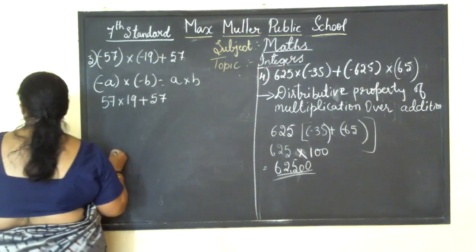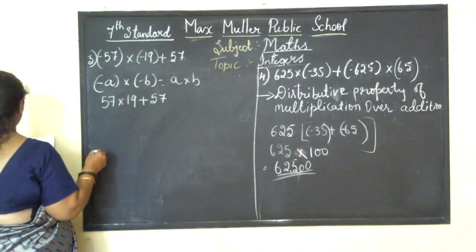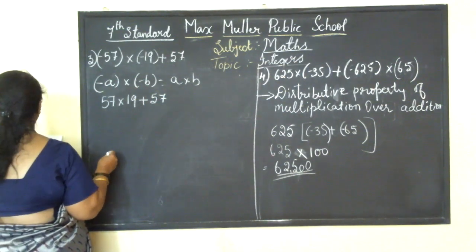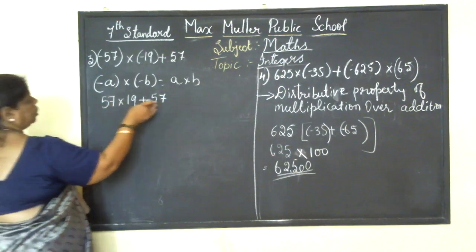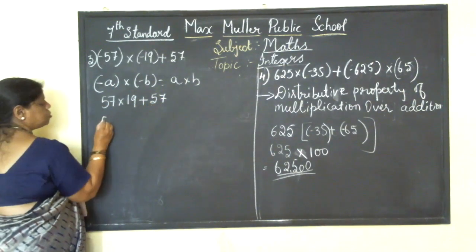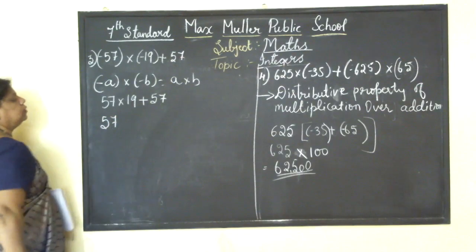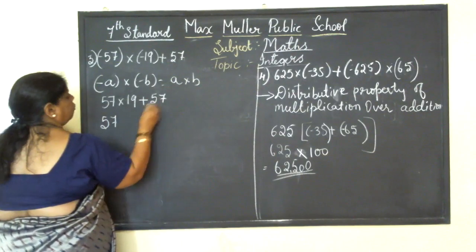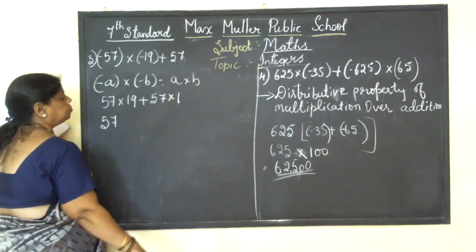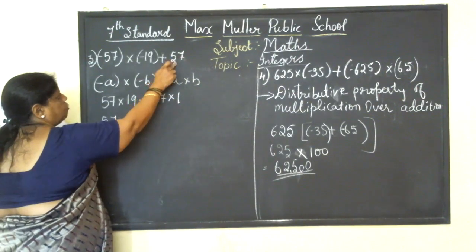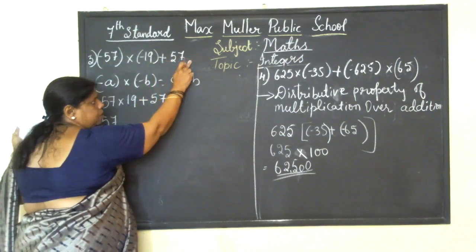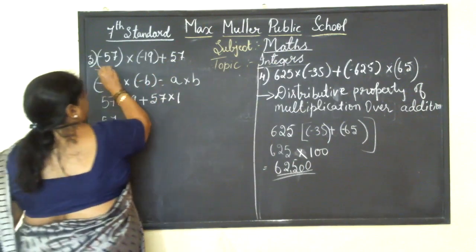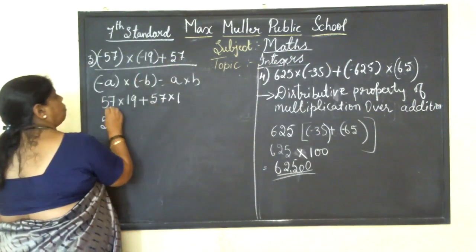Now we got both the 57 common. So we take 57. Okay. Now we will multiply here with 1, because here we have only 57. No more numbers are there. Do you get it? They have given the question here, this one. So what we do?